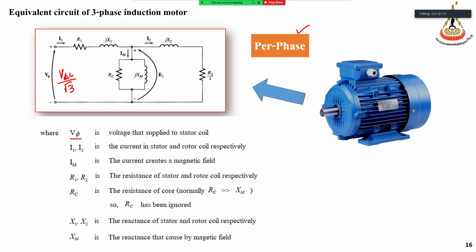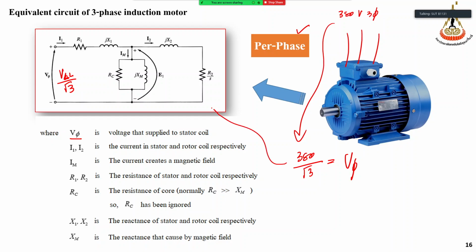For example, if we supply 380 volt 3 phase, the V phase for analysis will be 380 divided by square root 3, to analyze this circuit. So it's V line to line divided by square root 3, VL by root 3.